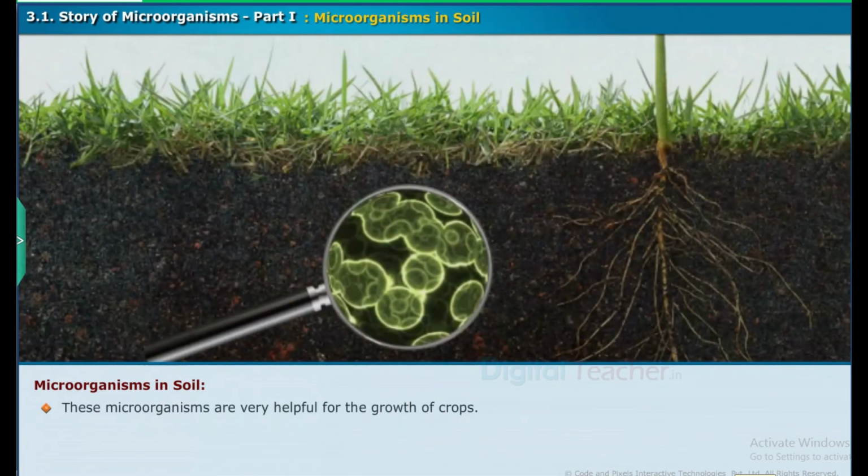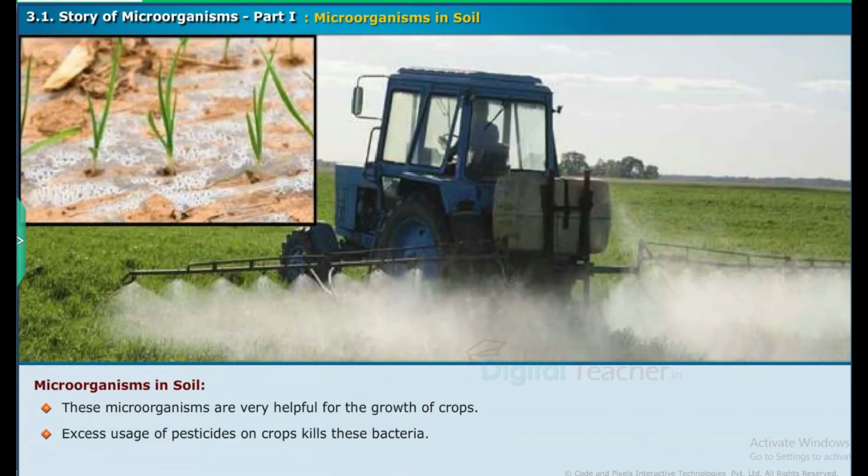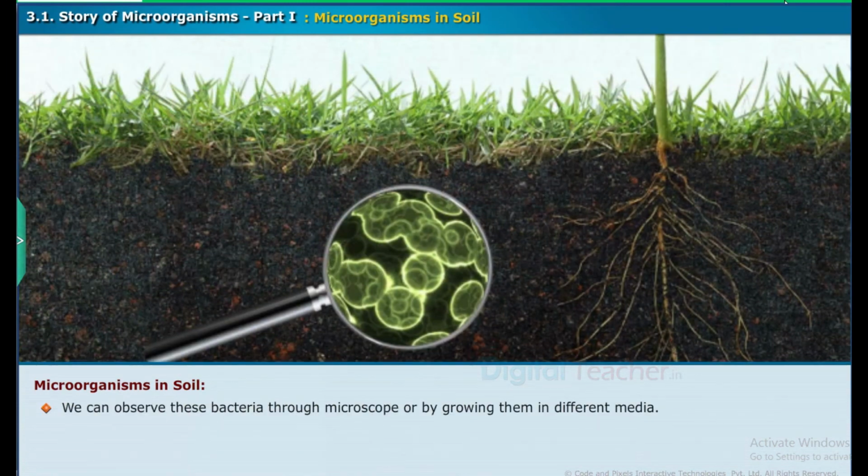These microorganisms are very helpful for the growth of crops. Excess usage of pesticides on crops kills these bacteria. We can observe these bacteria through a microscope or by growing them in different media.